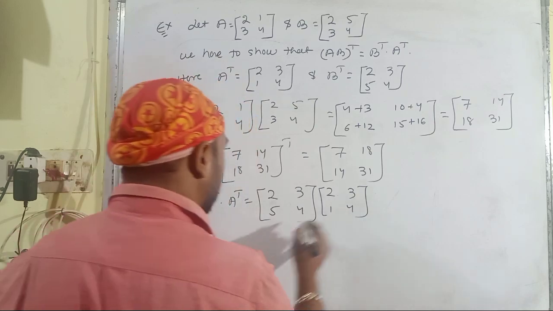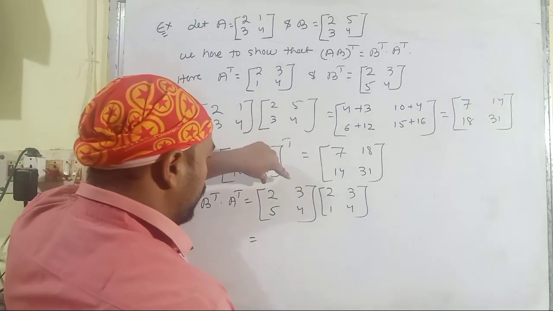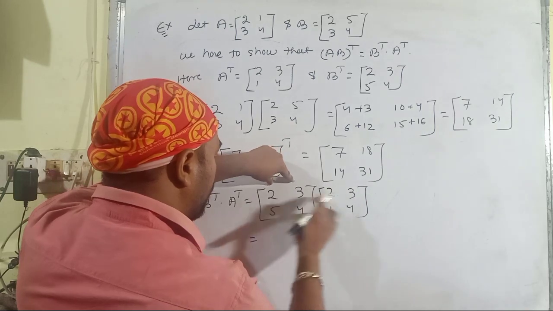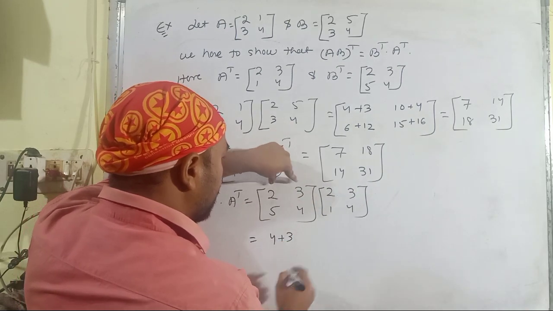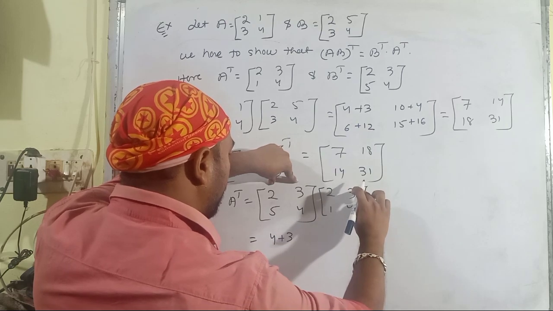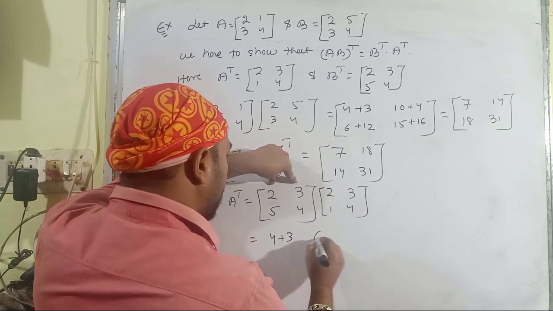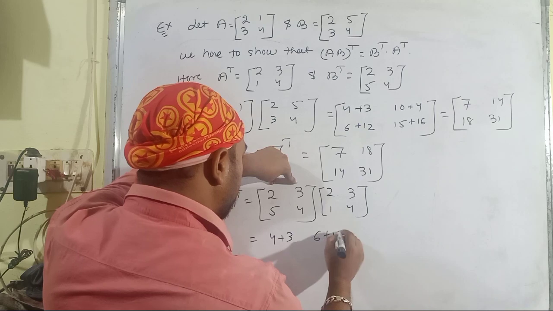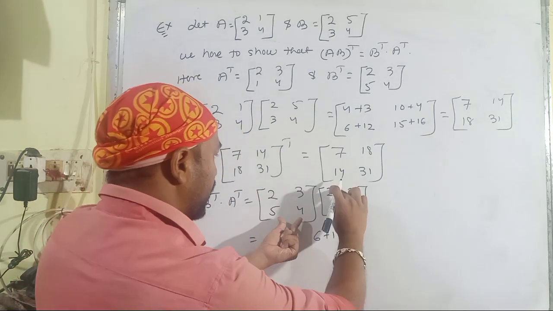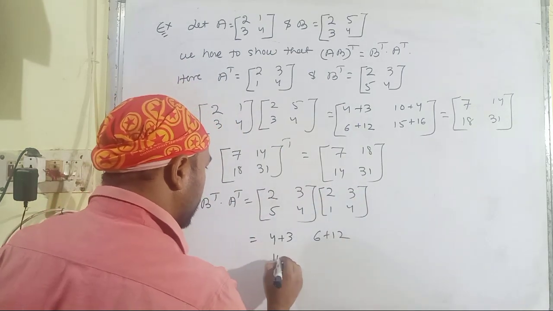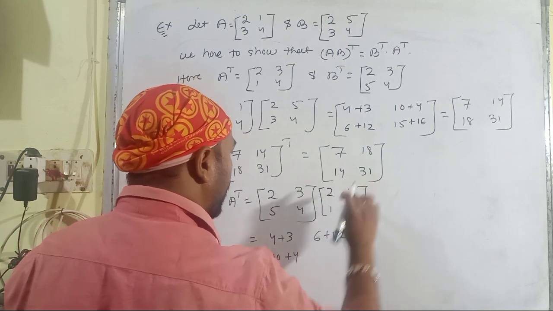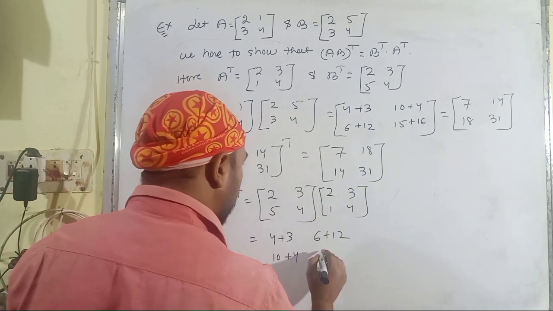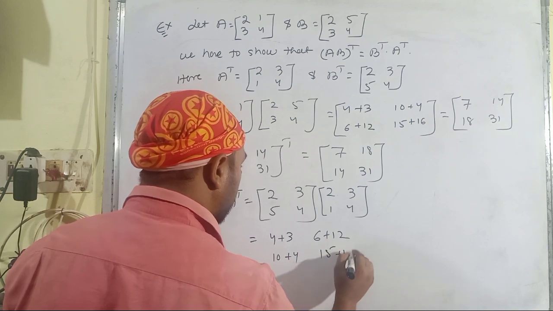Let us find their multiplication here. So 2, 3 with 2, 1: 2 multiplied with 2 is 4, 3 multiplied with 1 is 3. Then this 2, 3 with 3, 4: 2 into 3 is 6, 3 into 4 is 12. Then 5, 4 with 2, 1: 5 multiplied with 2 is 10, 4 multiplied with 1 is 4. Then this 5, 4 with 3, 4: 5 into 3 is 15, then 4 into 4 is 16.